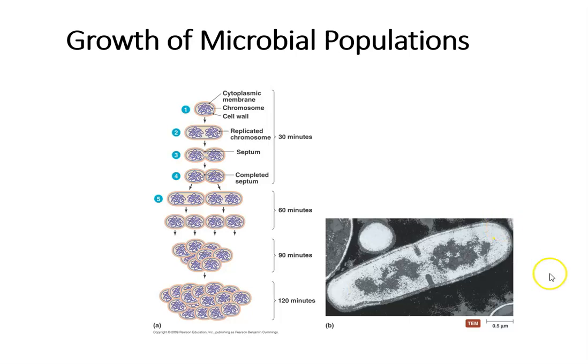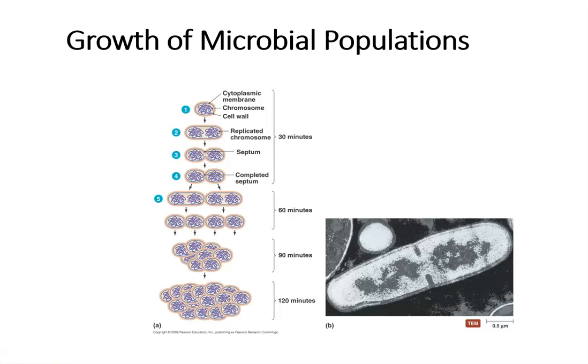Okay, you can see that little septum forming, and it's going to divide. In another minute, you got 4. And you can see in 120 minutes, you got quite a bit. Well, if it grows for hours and hours, you're going to have lots of bacteria in that single colony. Okay, that's how it does it.